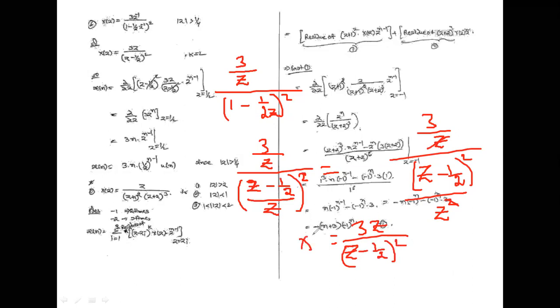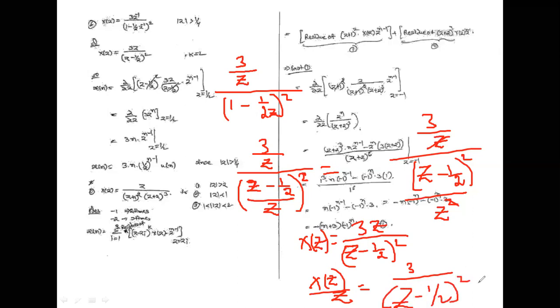And this X of z is given. After converting to positive powers of z, now X of z by z is equal to 3 by (z minus 1 by 2) whole square.